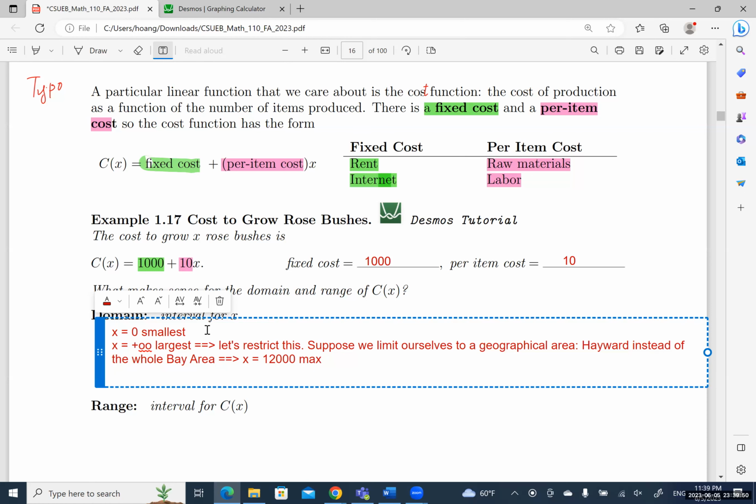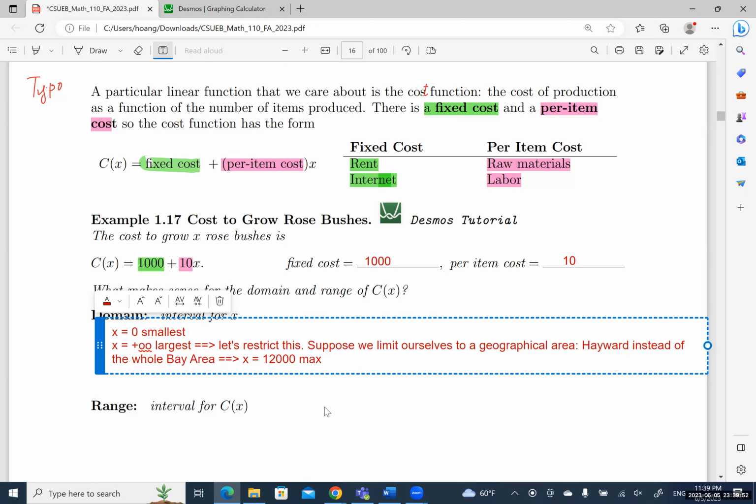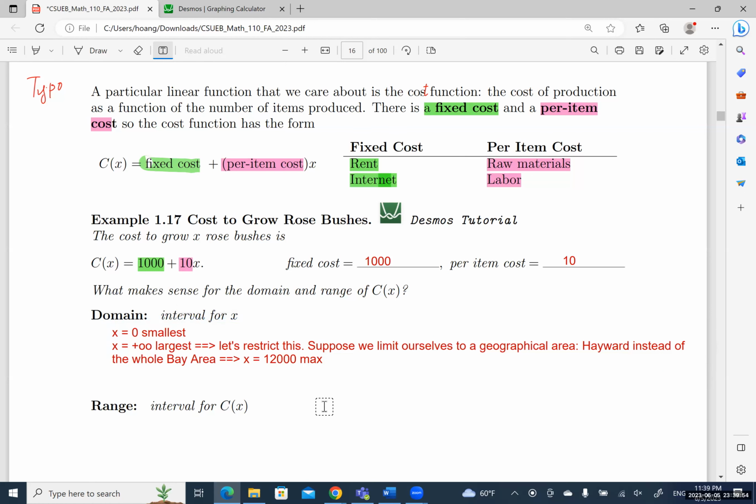So then the domain, I can say the domain now is x in between 0 and 12,000. Or in interval notation, you can write it as [0, 12,000].